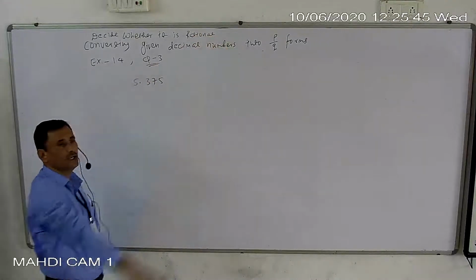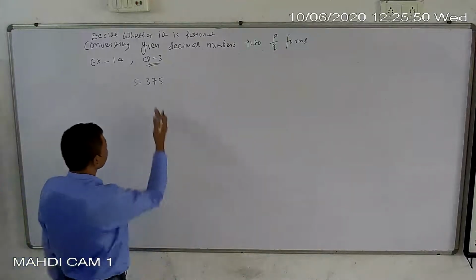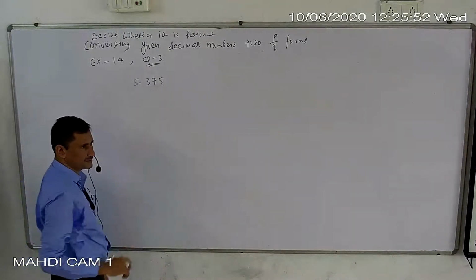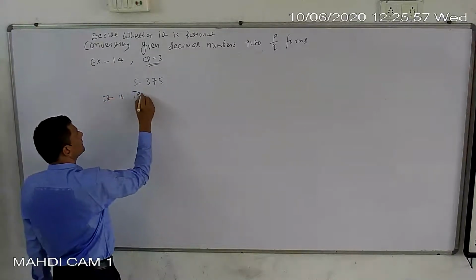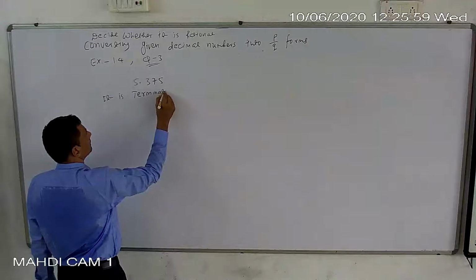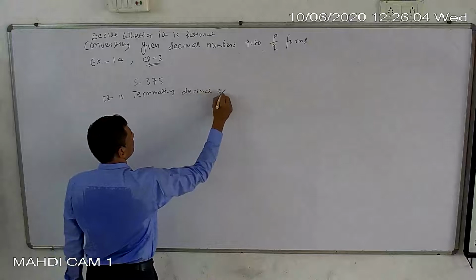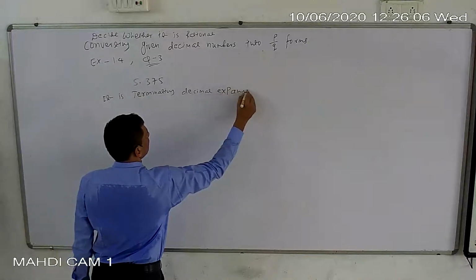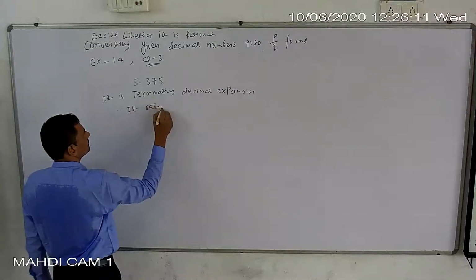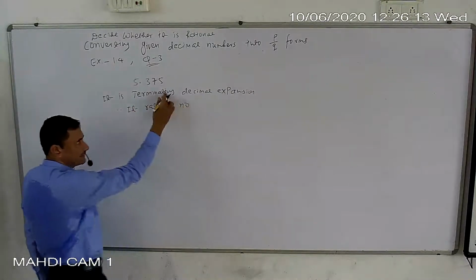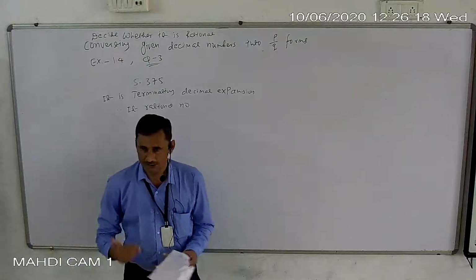If rational, only then can you convert into P by Q form. So first of all, it is obviously rational. Why? It is terminating. So write down with reason: it is a terminating decimal expansion, therefore it is a rational number.